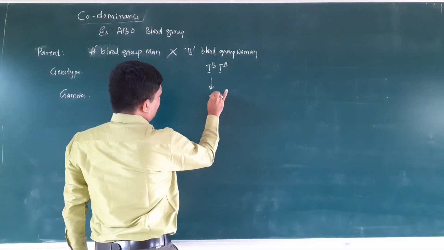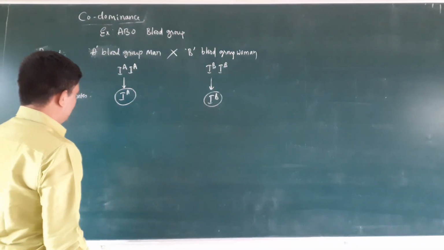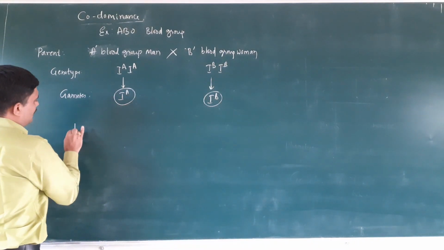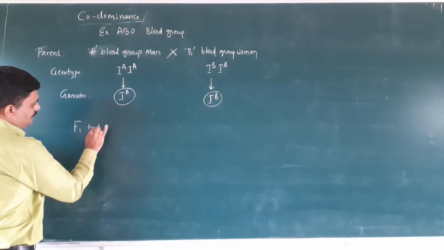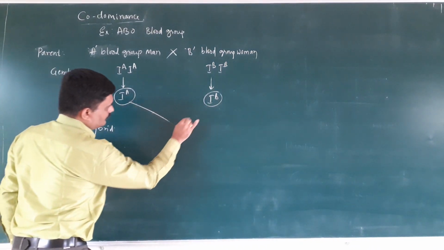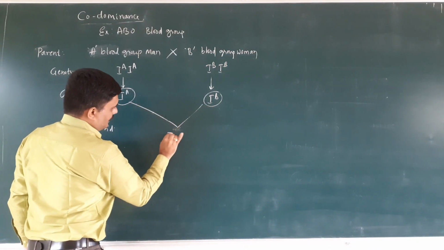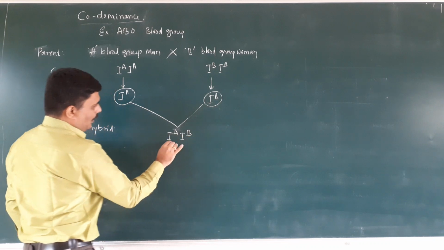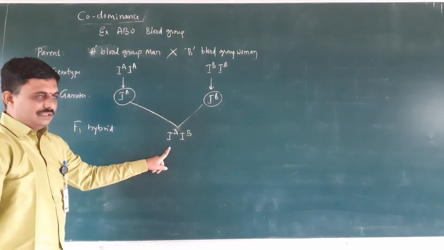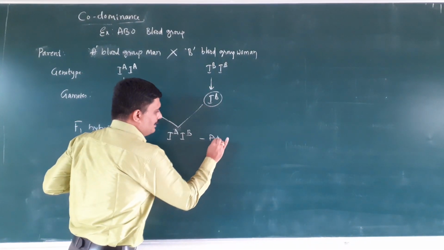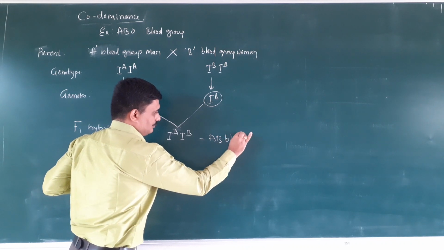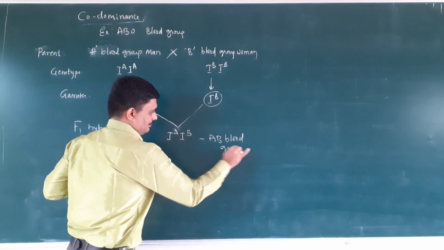The gametes are produced this way; in the homozygous condition we take only one type of gamete from each parent. When the gametes are brought together in the embryo, the first filial generation offspring have the AB blood group.